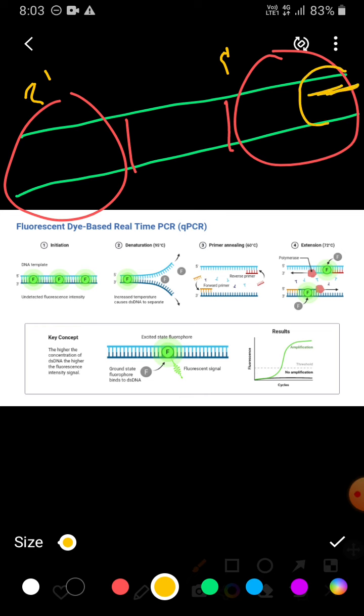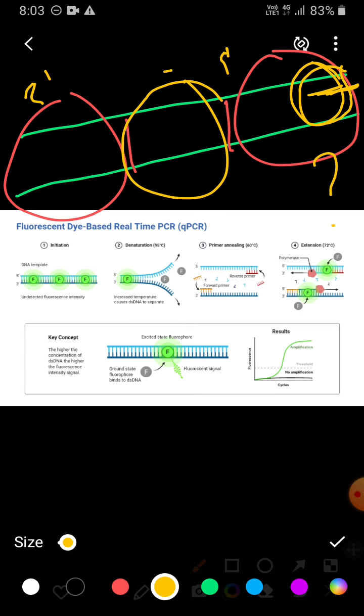By binding the probe here, can you be sure that your gene of interest is being amplified or not? Is it possible? No. So that is the reason, instead of binding our probe at the 3' end, we are binding our probe in the center of the gene of interest.